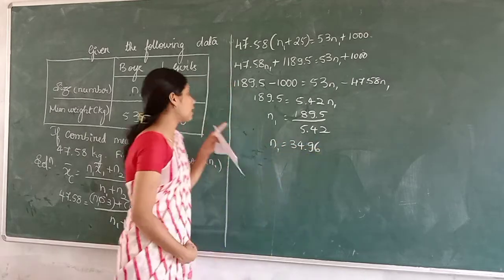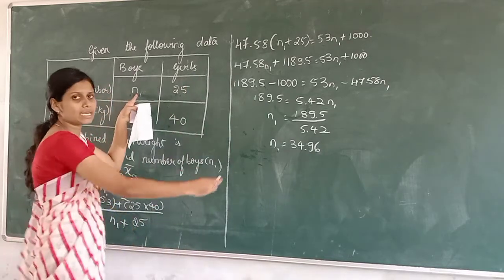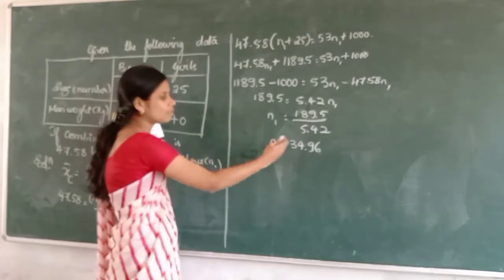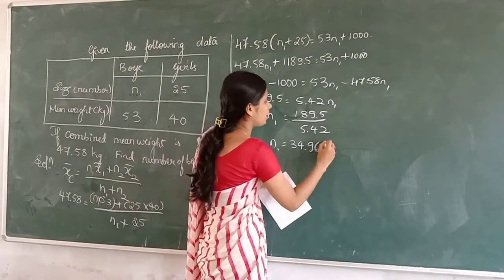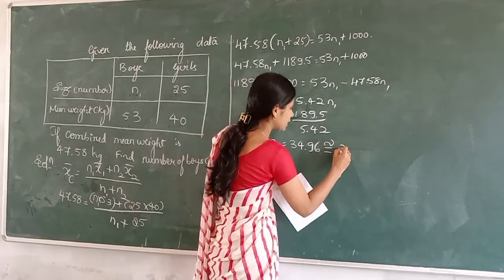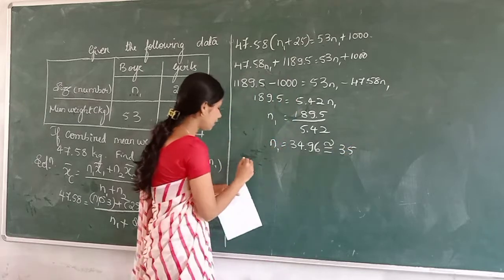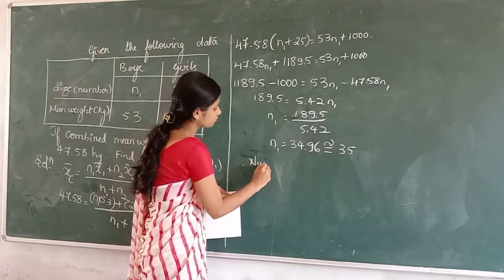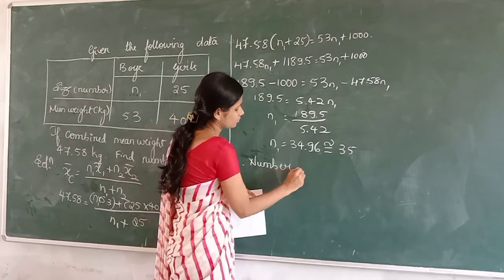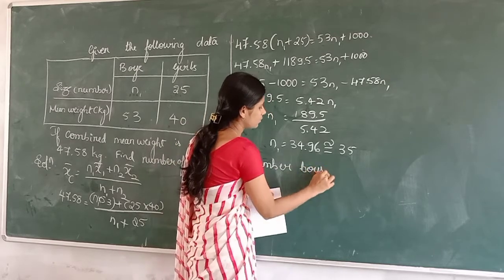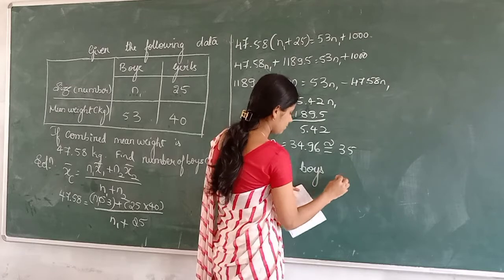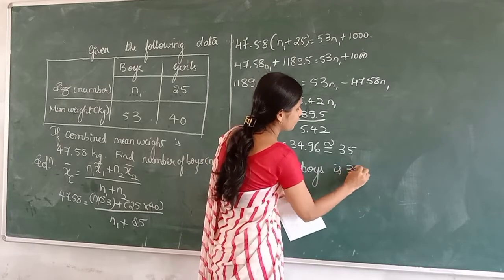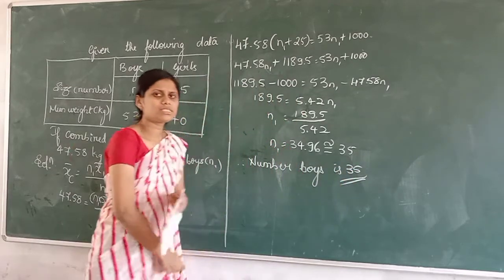As it is the number of boys, we can't say it in decimals. We have to round it off. So 34.96 can be approximately 35. Therefore, the number of boys is 35.